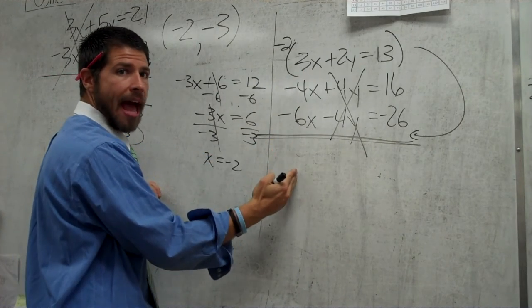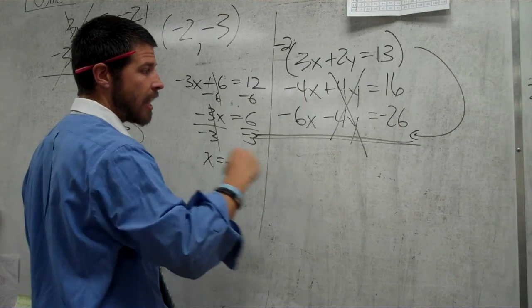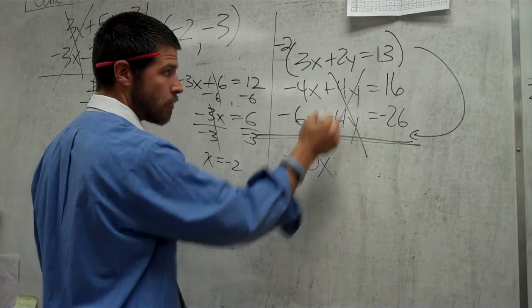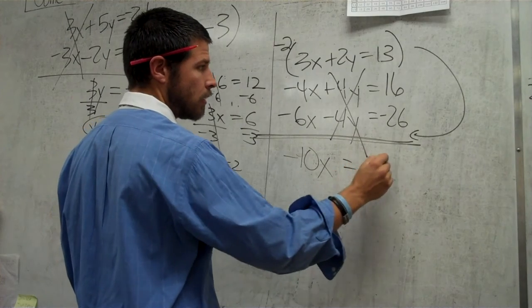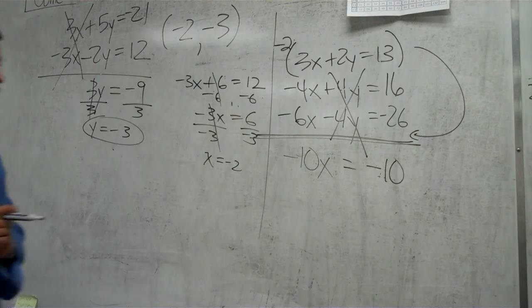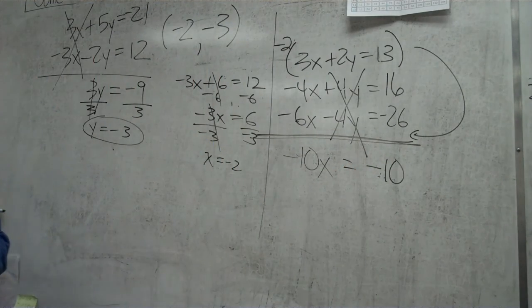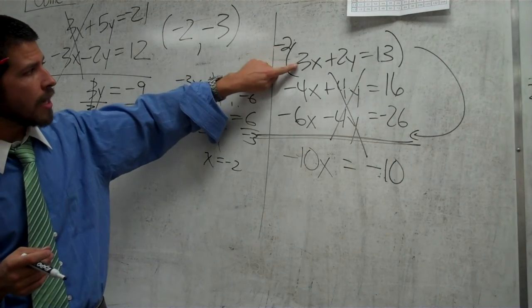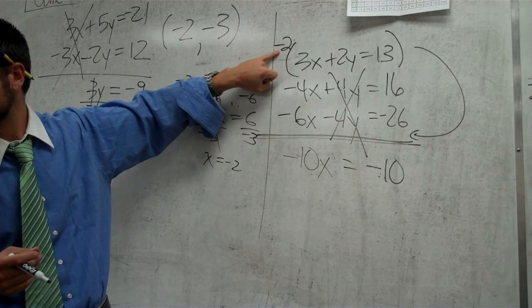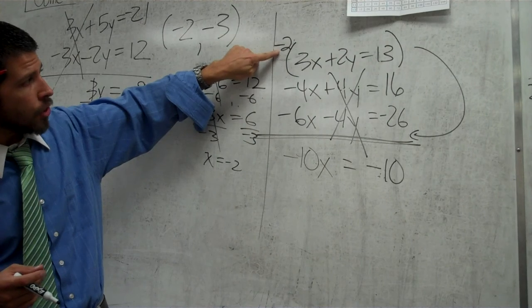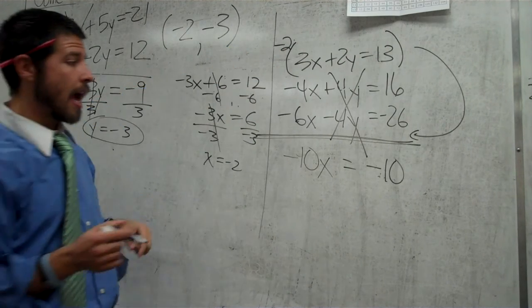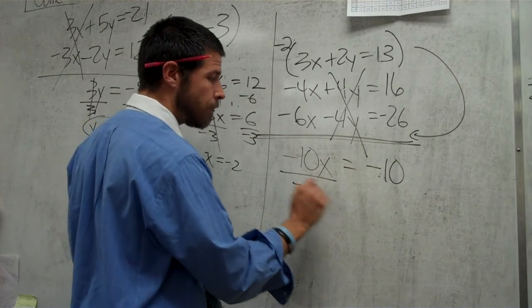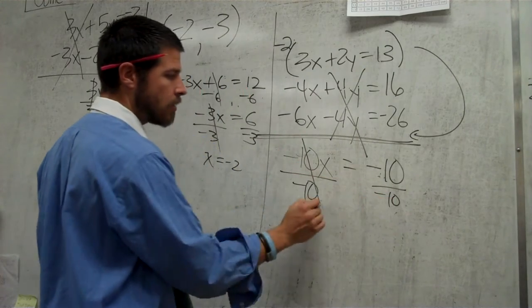The first column added together is negative 10x, so those are canceled. The second column added together is negative 10. Write your multiplier down so you know what you're multiplying everything by. Now let's divide by negative 10.